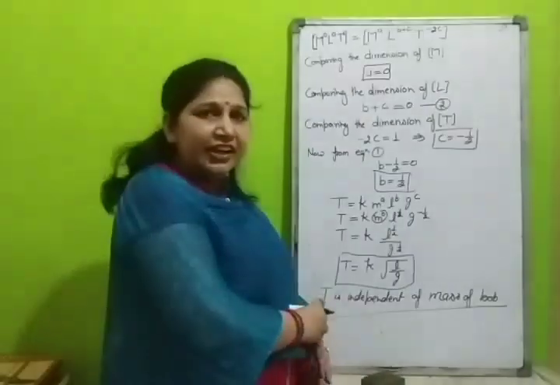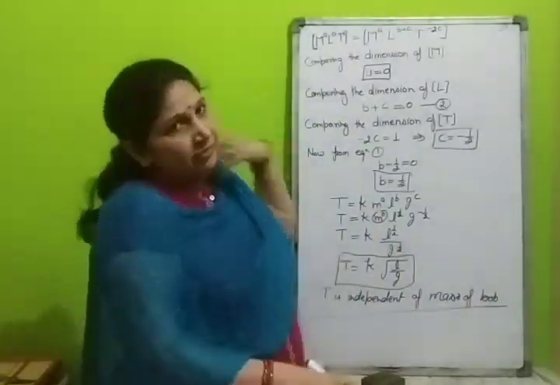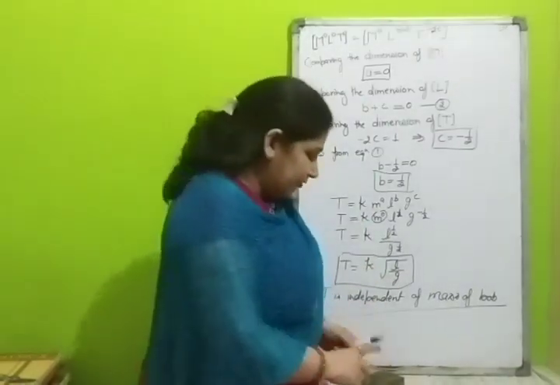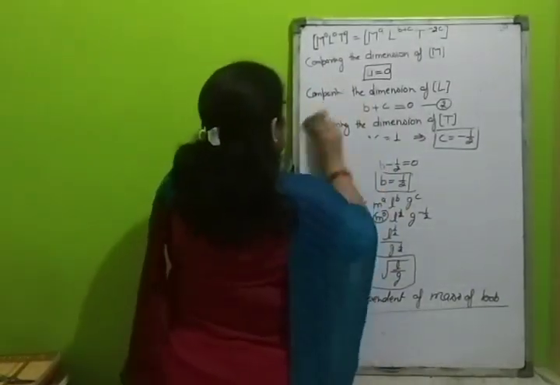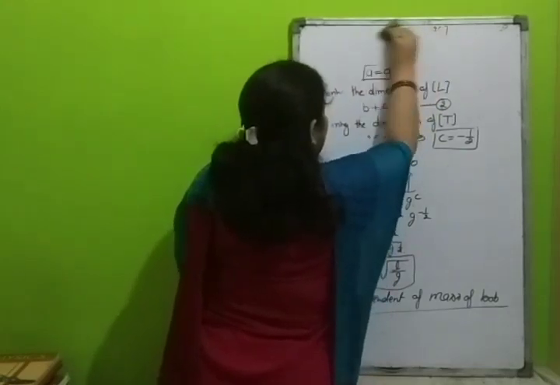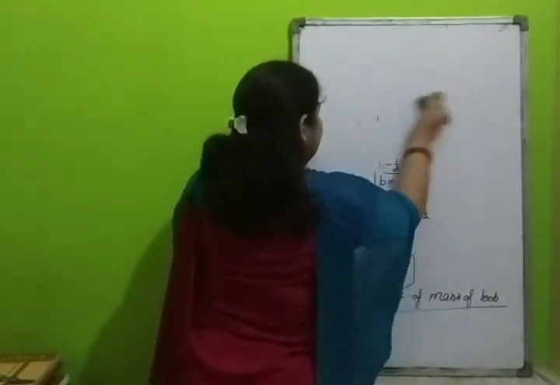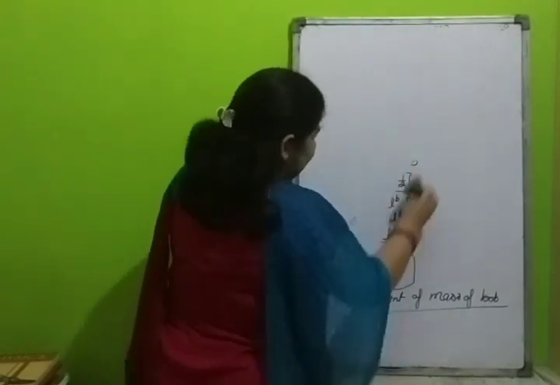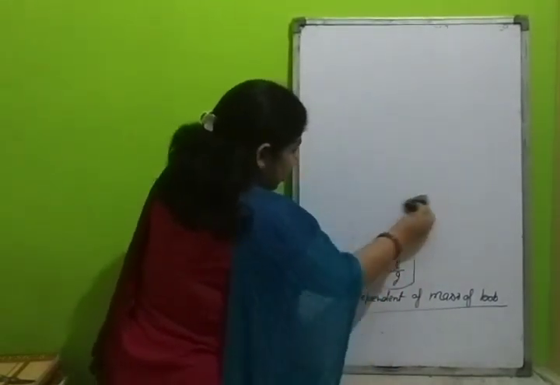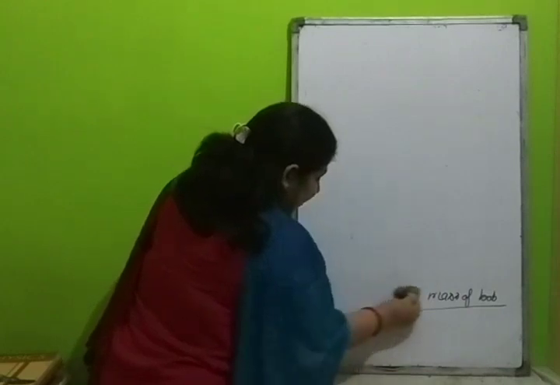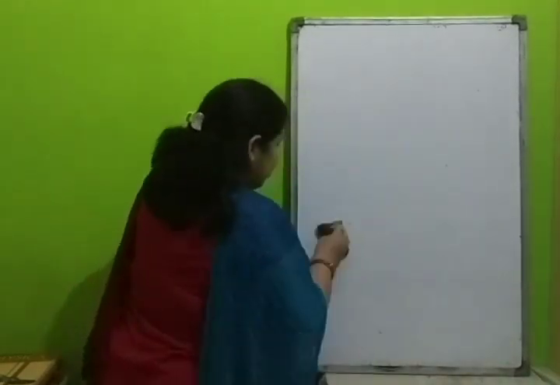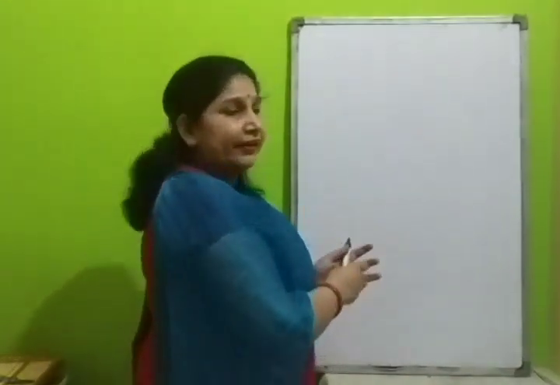In this manner, we can write the relation among any physical quantity. Second example, we will do one for a string. Suppose we have a stretched string, vibrating.